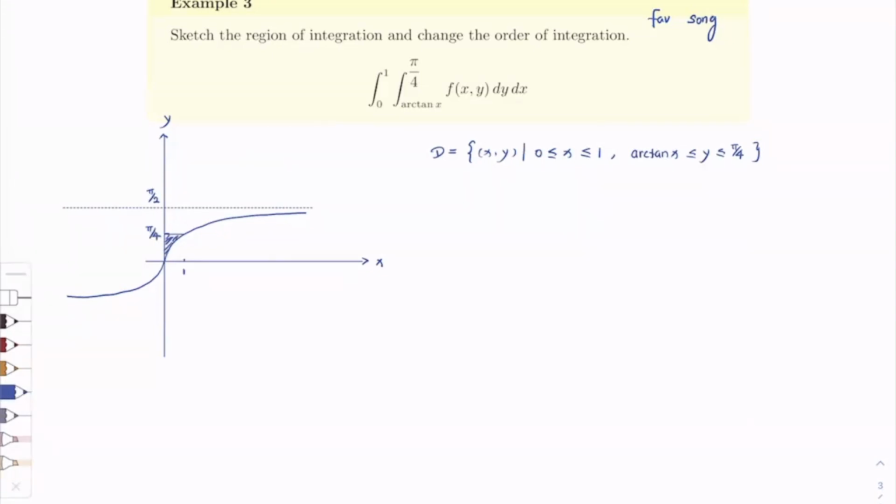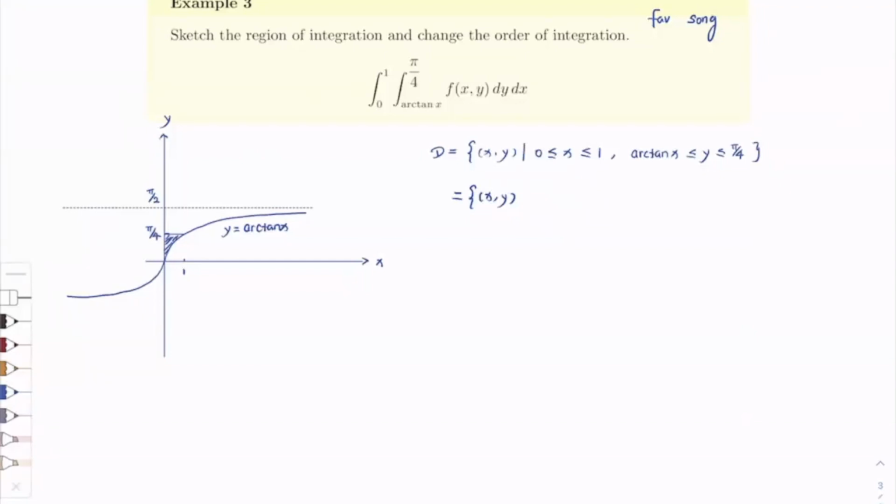This small part. Now they want you to change the order of integration, which means, let me write it down, y equals arctan x. Before, x was between two numbers, now you want y between two numbers. So we know that y is between 0 and pi over 4. What about x?